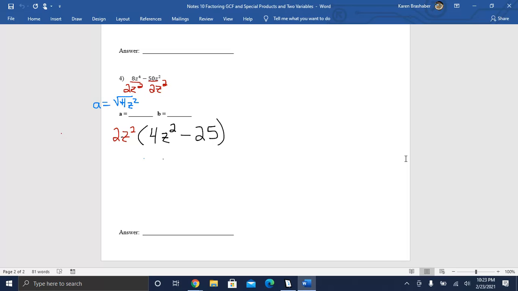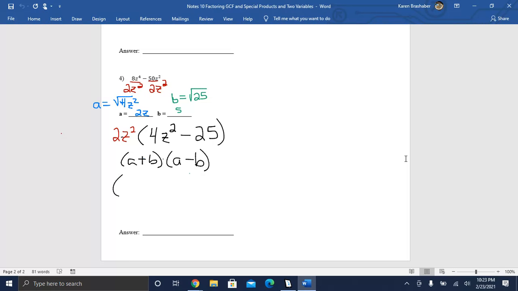And so my a is 2z. And then b, the b is the square root of the 25, which is 5. So I'm going to go back to using my formula of a plus b times a minus b.